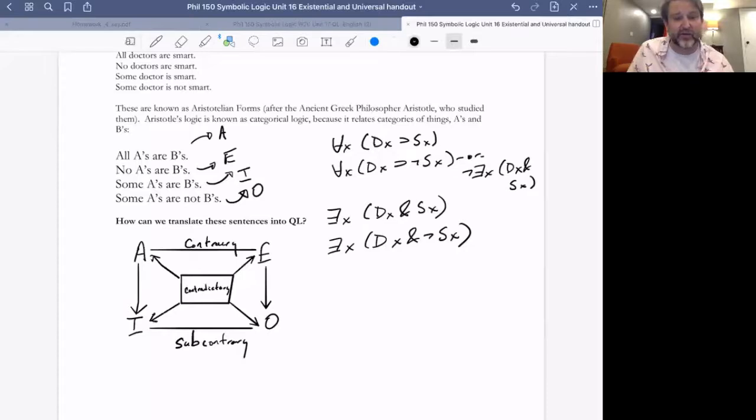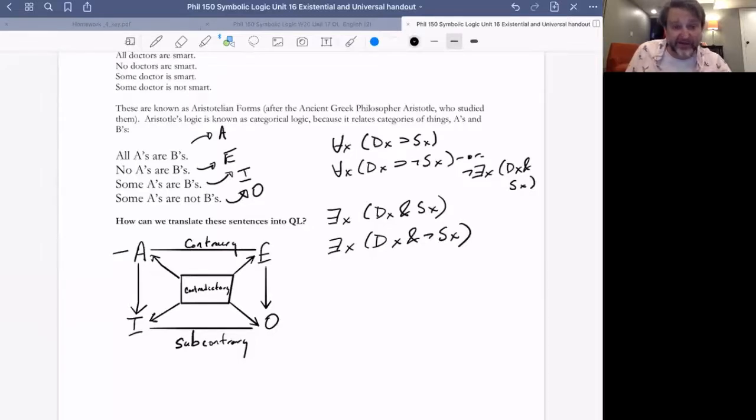So they involve the subalternation relationship. So this sentence A, all A's are B's, if it is true, then it implies the truth of I, some A's are B's. So A implies the truth of I.